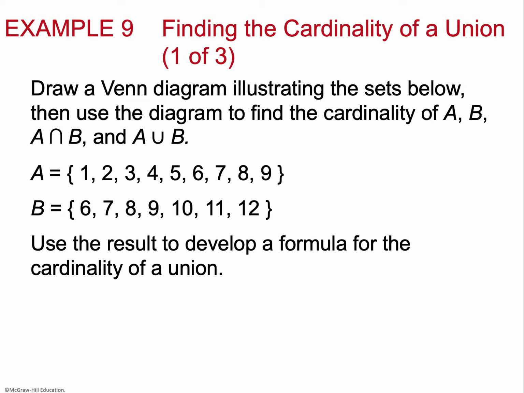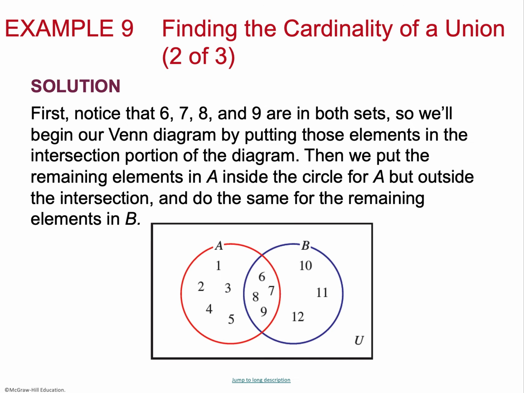So let's find the cardinality of the union set, which is really nice. So if I look at the cardinality, that's just the number of items in the list. So if I start working on cardinality, then I notice that 6, 7, 8, and 9 are in both sets A and B. So I'm going to basically put these into their Venn diagram. I'm going to put all the items in A that are not in B in the red circle outside of the overlap.